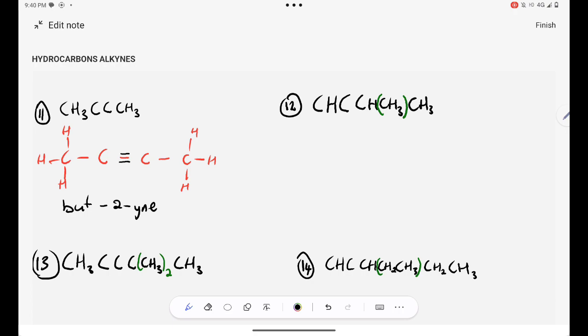And then over here I simply have CH like this, and I have a C, another C with an H and a CH3, and then I have a CH3 like this.